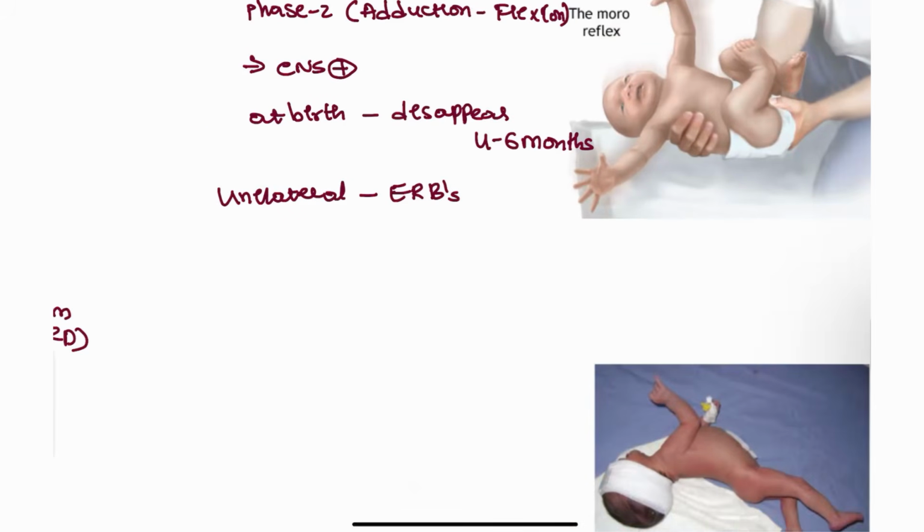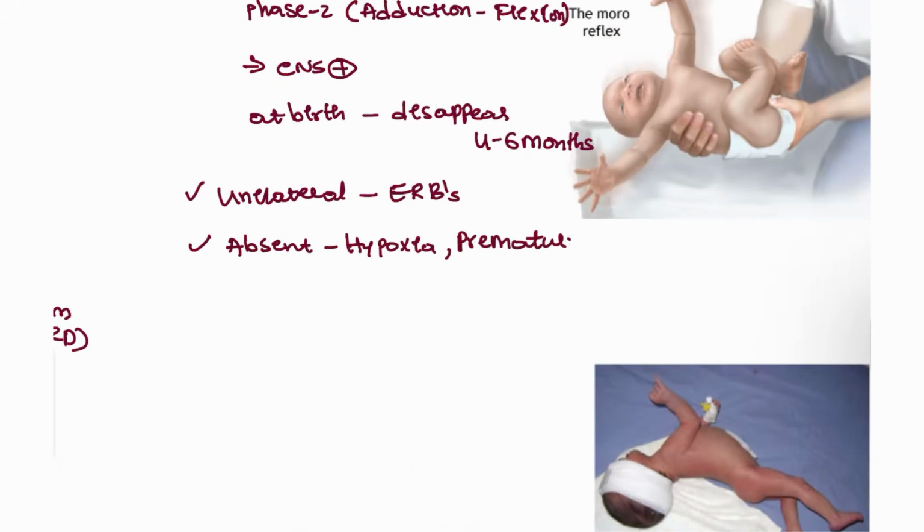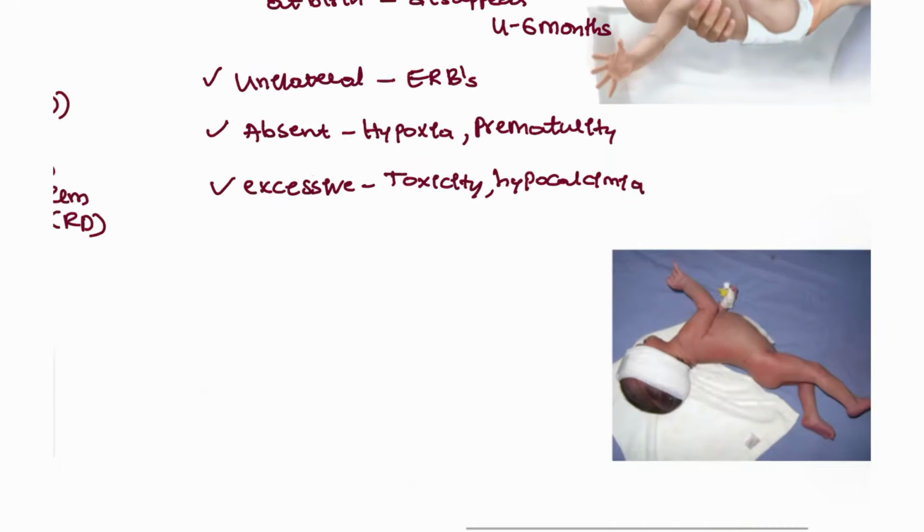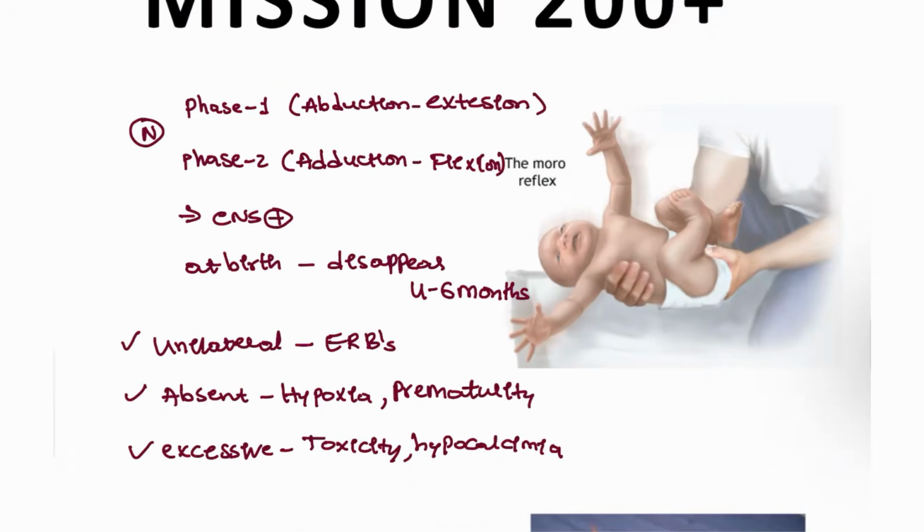Next, a completely absent reflex is seen in hypoxia patients, in hypoxic encephalopathy, or in prematurity; in these babies we are not going to see this reflex. Next, an excessive response is seen in toxicity and hypocalcemia. This is how the Moro reflex is commonly associated with these patients.